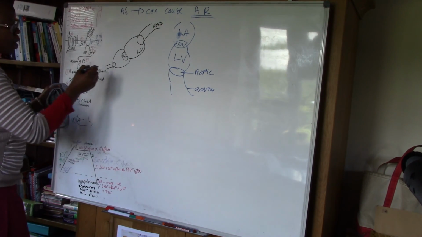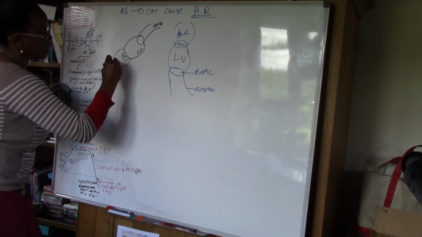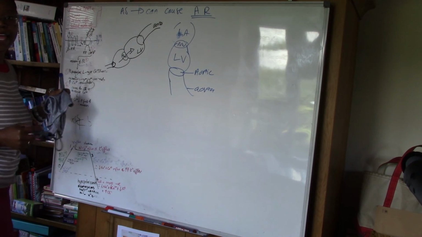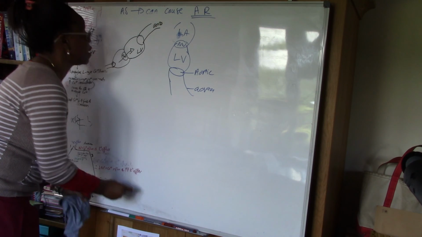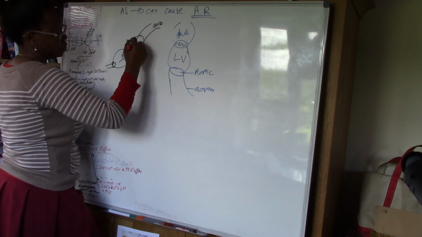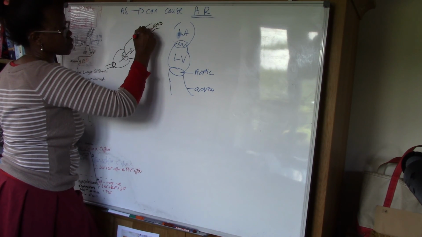Blood comes in from the left atrium through the mitral valve and enters the left ventricle, and then from the left ventricle, during systole, blood is pushed into the aorta.